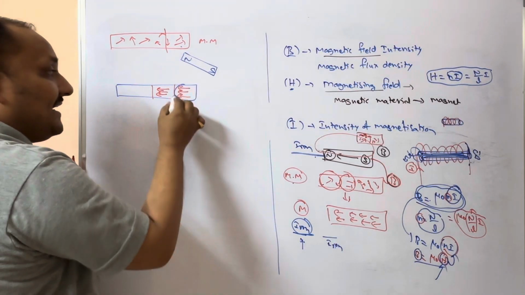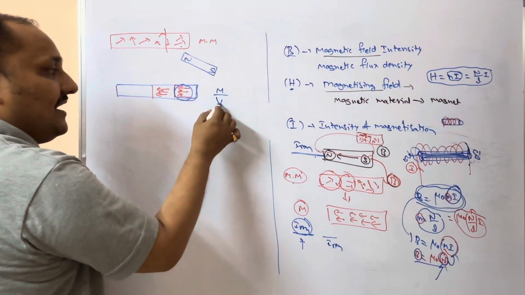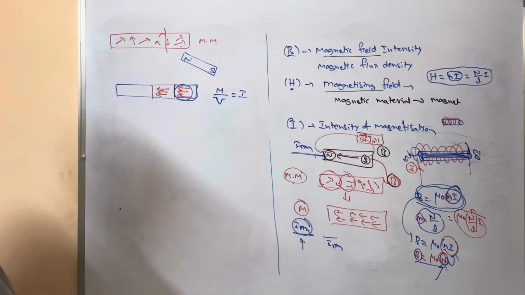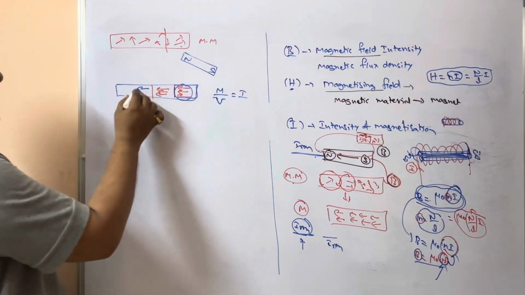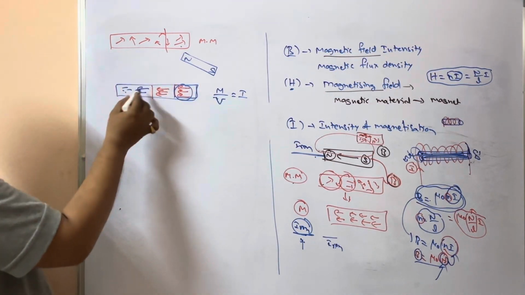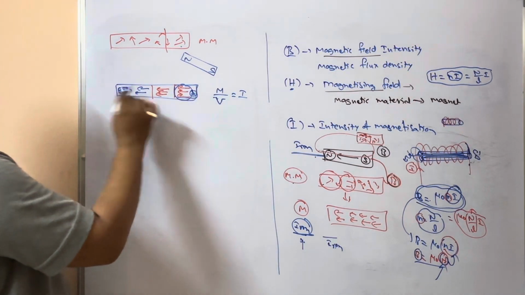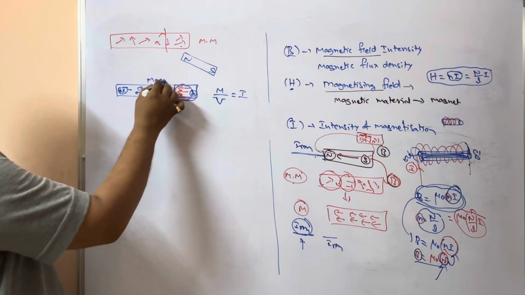All these magnetic moments aligned within a unit volume is nothing but intensity of magnetization, we will call. If you do it more number of times, all magnetic moments get aligned in one particular direction, from south to north. Now this one we can call a magnet.